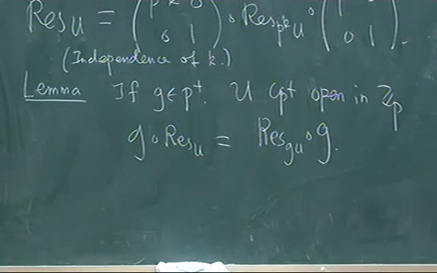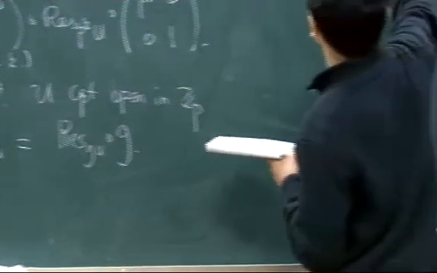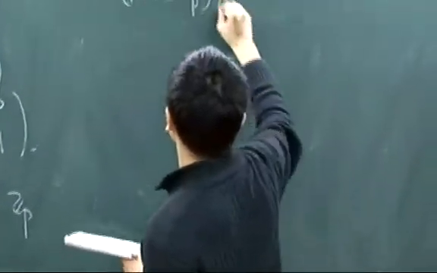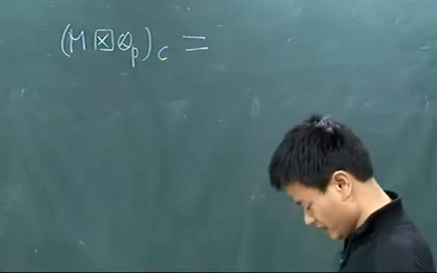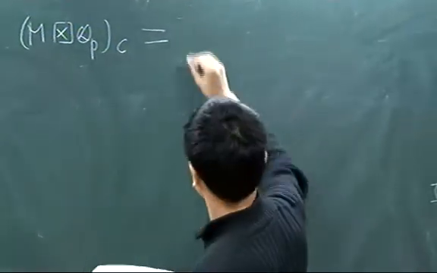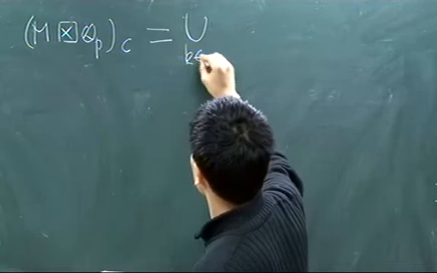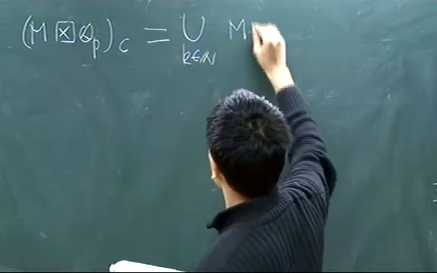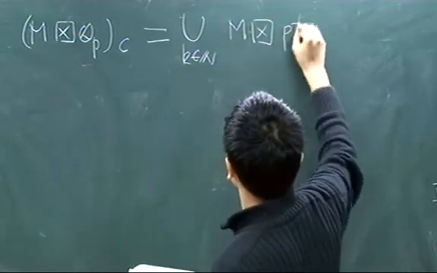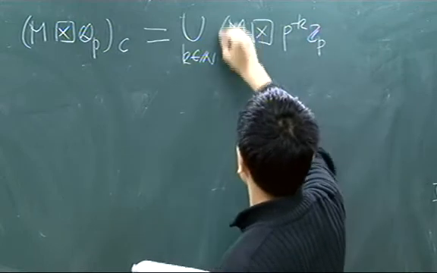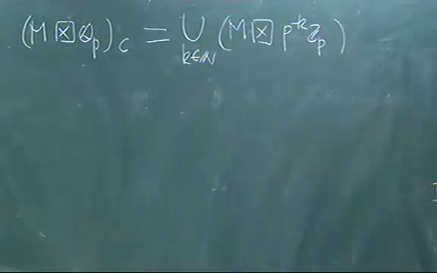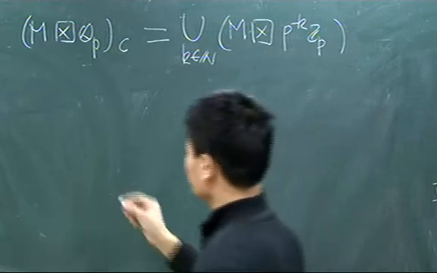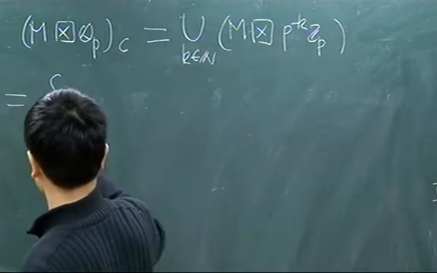Then we can define M over Qp with compact support. What is it? It's just all this p^(-k) Zp. So this one we can find. It's just this.